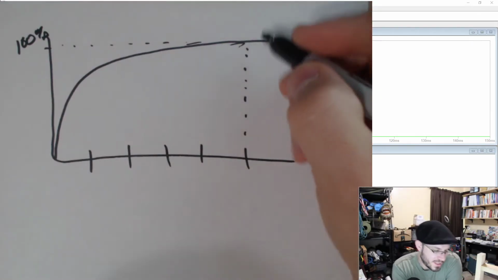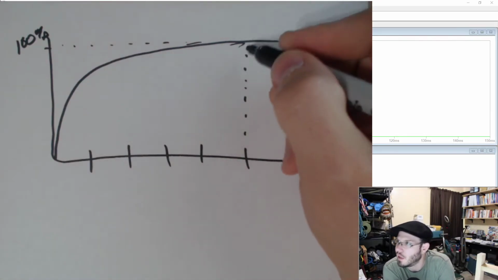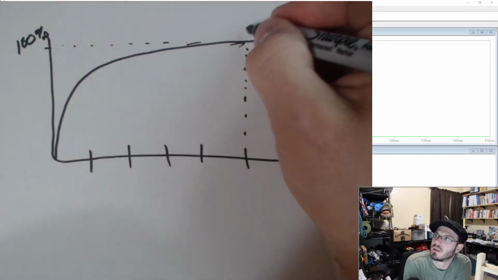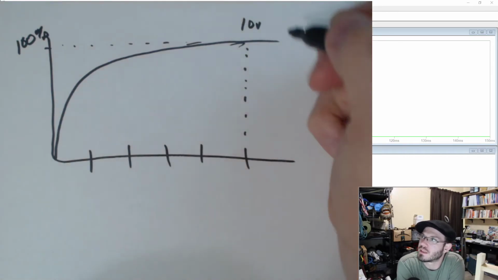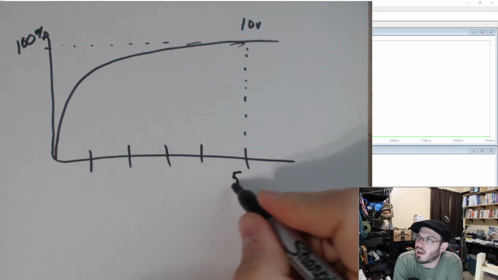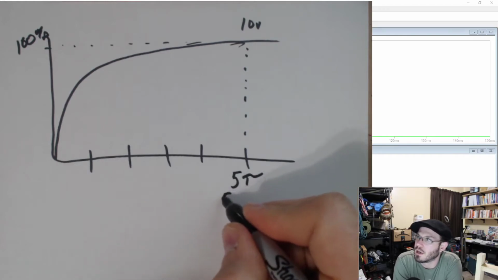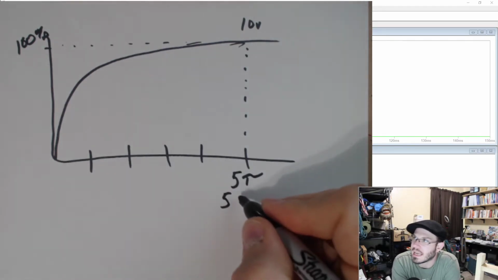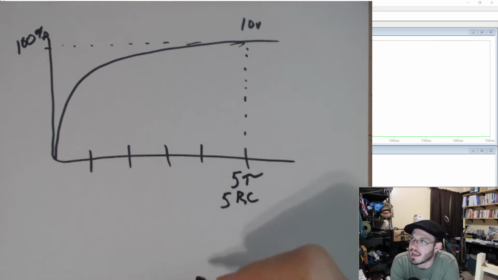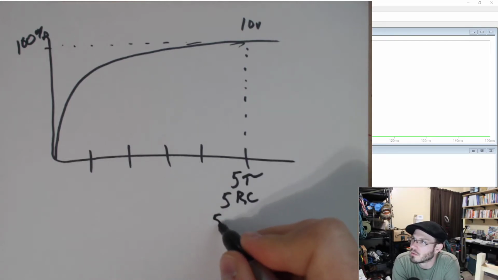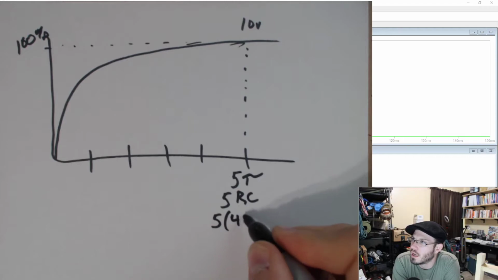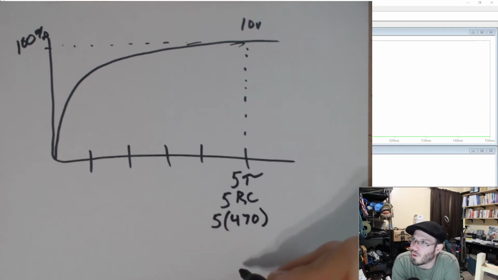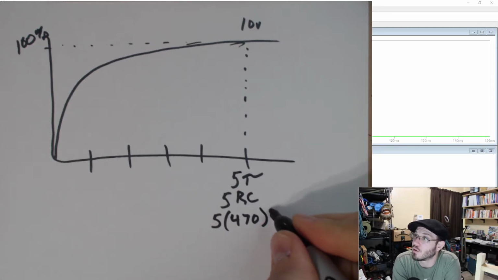Okay, so 100% means 100% of our max voltage, so it's going to be 10 volts. And how long does that take? It takes 5 time constants. What's a time constant equal to? R times C. So 5RC. What's R? R is 470 ohms. What's C? 10 microfarads.